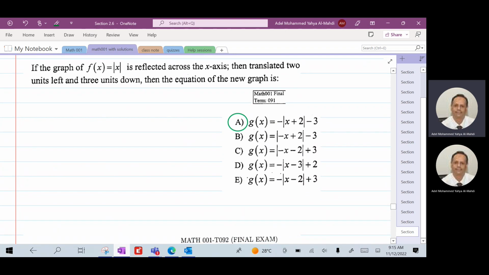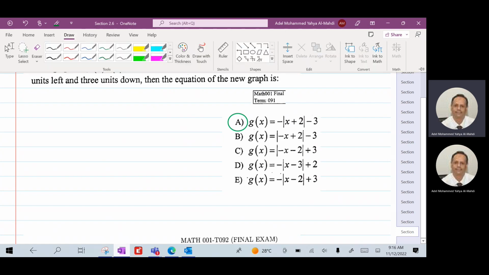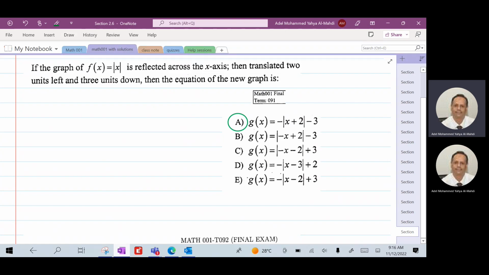Now in this question, we are given the transformations. We need to find the new equation. Here we are given f of x equals the absolute value of x.